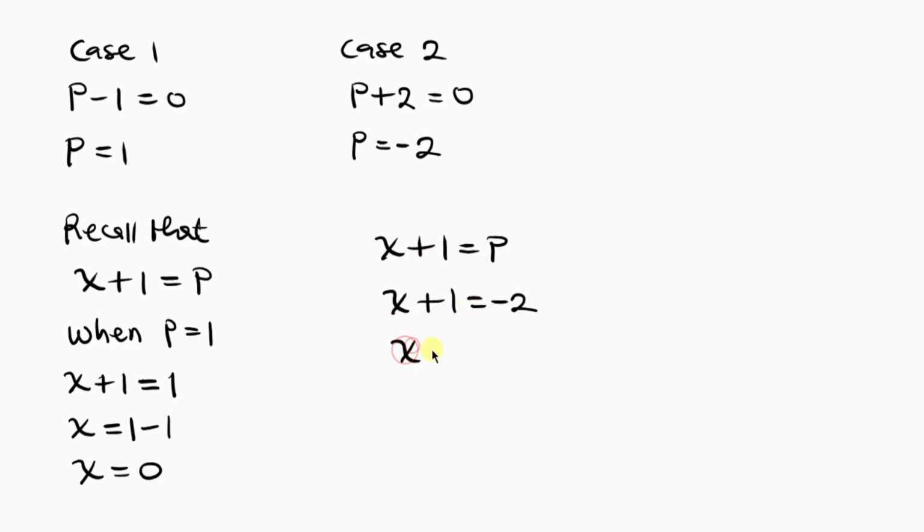So we have x equal to negative 2. As plus 1 crosses to the right, it becomes minus 1. So making the value of x equal to negative 3. So we have two values of x. X is equal to 0 or x is equal to negative 3. So these are the only real solutions for x.